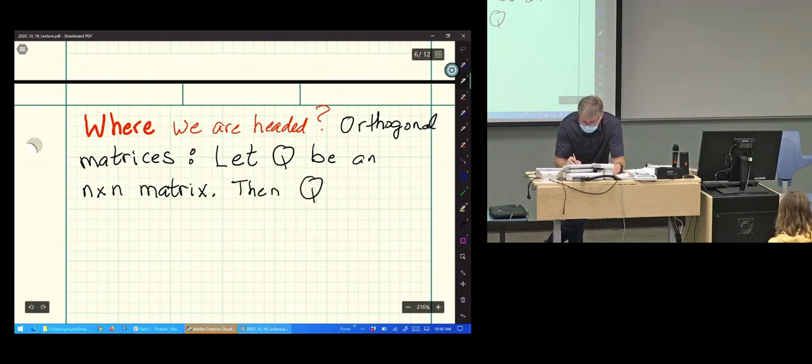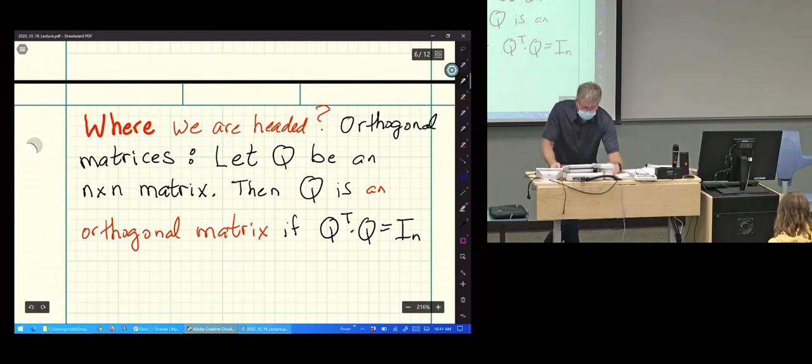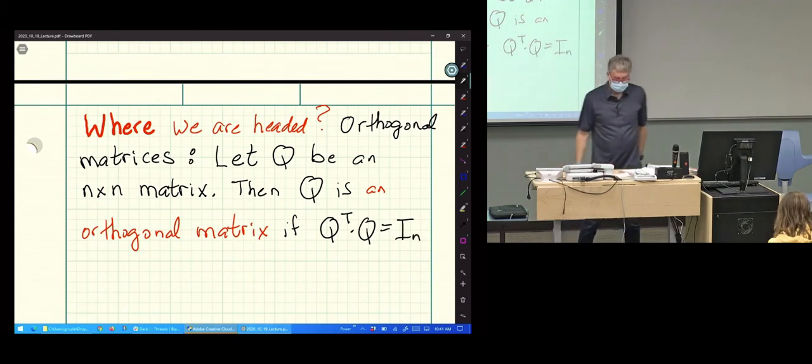Then Q is an orthogonal matrix if Q transpose times Q is the n by n identity matrix.